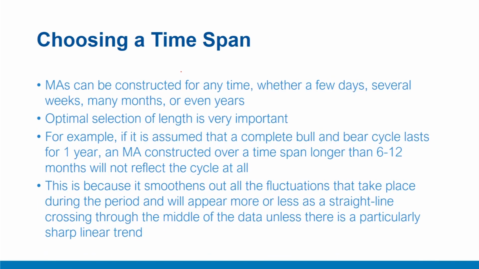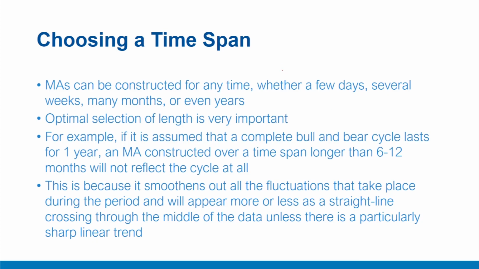Please note that MAs can be constructed for any time period, whether a few days, several weeks, many months, or even years. Optimal selection of length is very important. For example, if it is assumed that a complete bull or bear cycle has 4 years, an MA constructed over a time period of more than 48 months will not reflect the cycle at all.